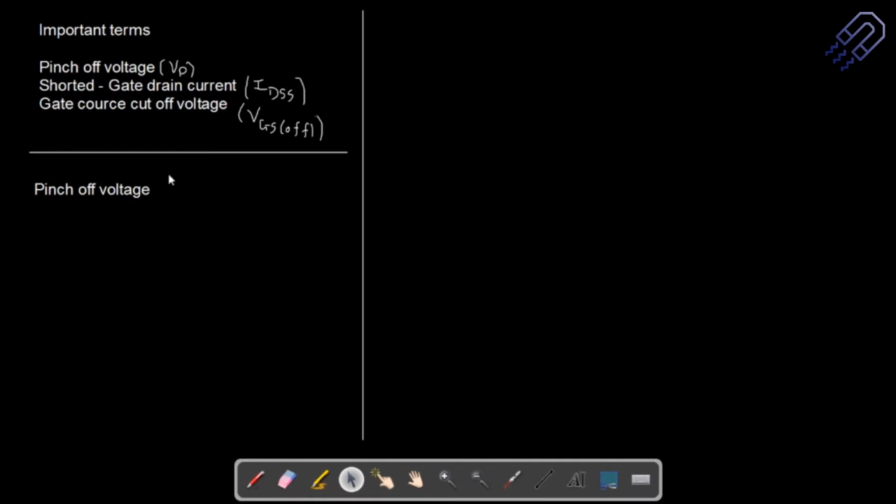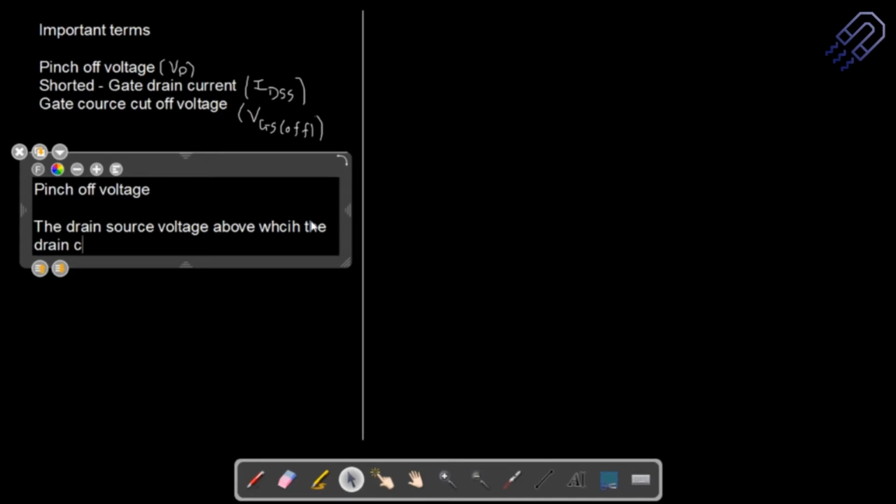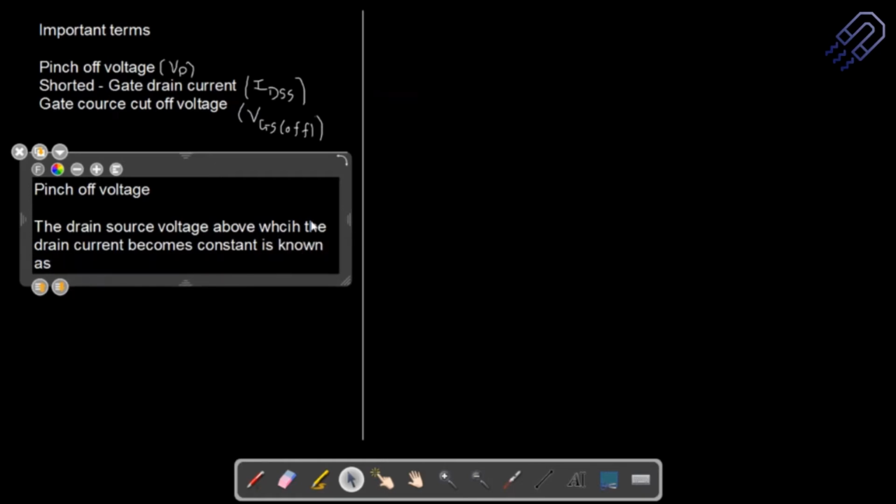This is the drain source voltage, the DS voltage, above which the drain current becomes constant, is known as the pinch off voltage.